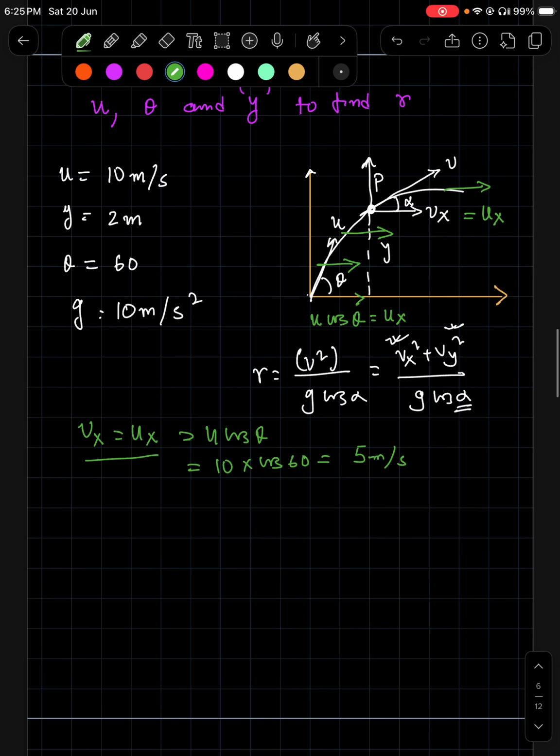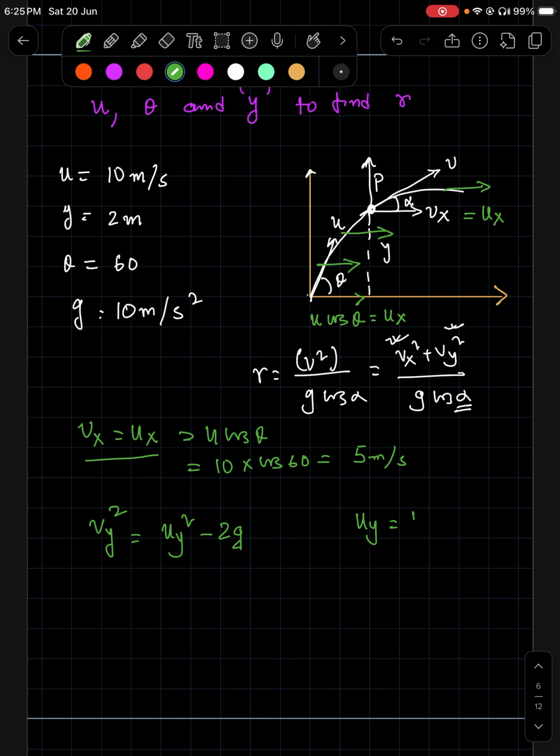Next thing, we have to find Vy. How can I find it? Now we are considering the vertically upward motion, which is being retarded by the gravitational acceleration. For that case, we can write Vy square equal to Uy square minus 2Gy. And what is Uy?